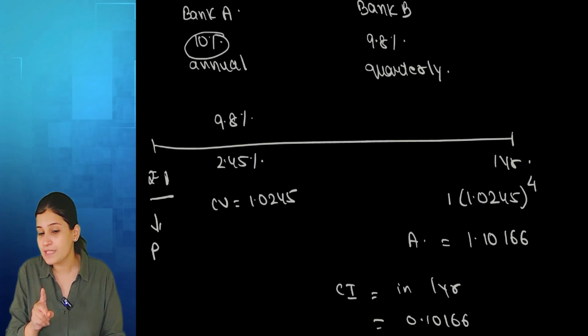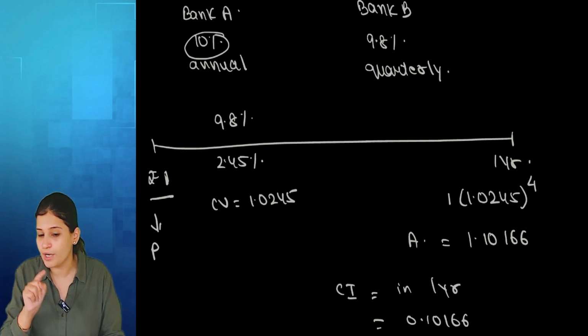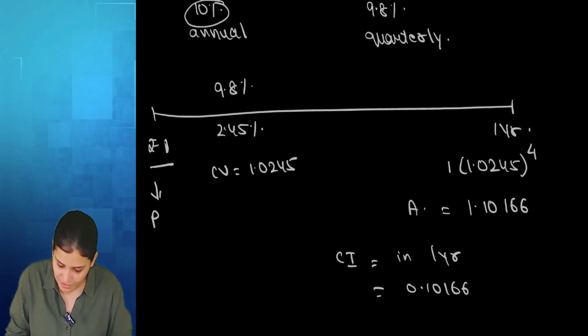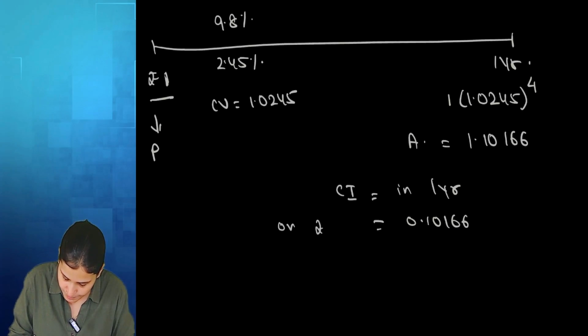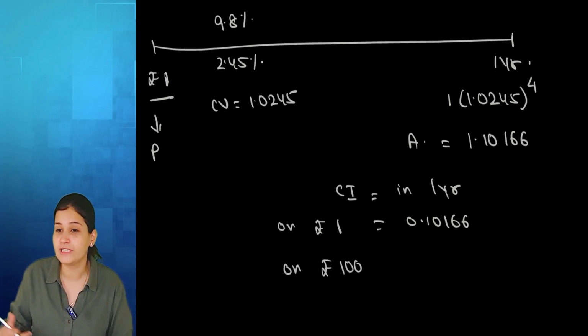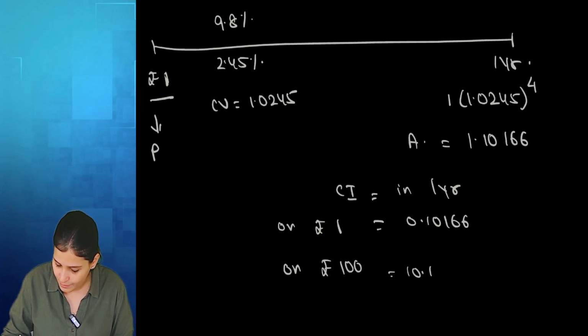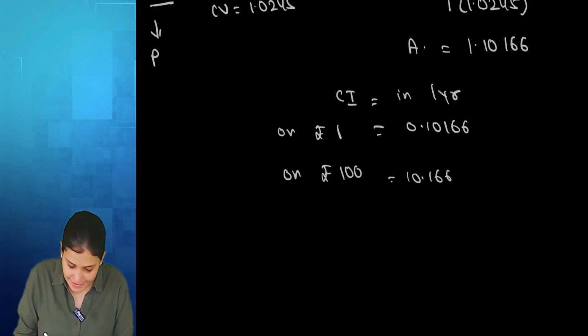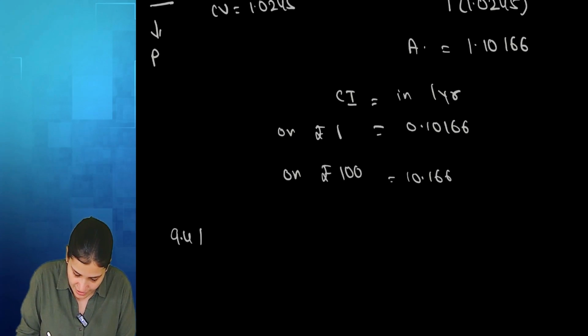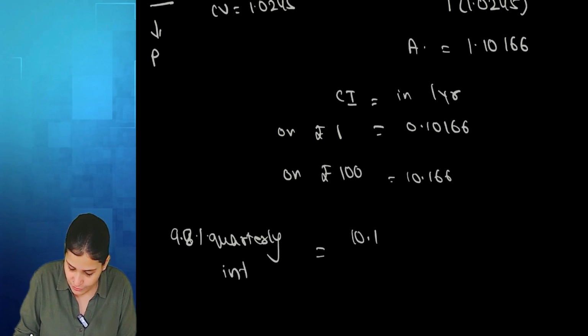So 9.8% quarterly gives me an annual interest of 0.10166 on rupee 1. To convert it into a percentage, I can multiply it by 100. It will give me 10.166. So can I not say that 9.8% quarterly interest is the same as 10.166% annual interest?